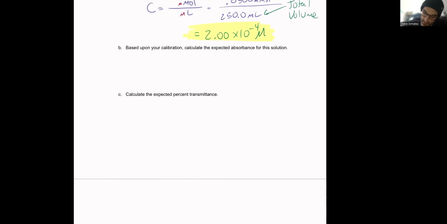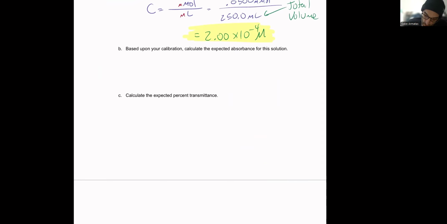Based on your calculation, what is the expected absorbance? We're going to be using the absorbance equation a little bit backwards here. So absorbance is equal to 2084.1. Again, you should be using your own absorbance equation, plus 0.0127.